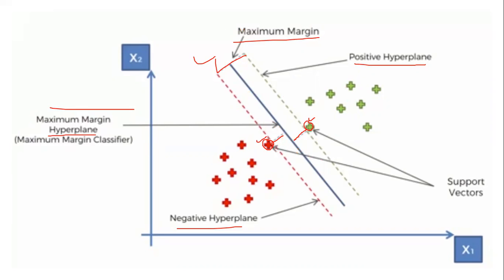We will calculate the margin of these closest points from the lines, and the line which gives the maximum margin from these corner cases, these closest points, we will choose as the best classifier. So it is also called a maximum margin classifier, right?